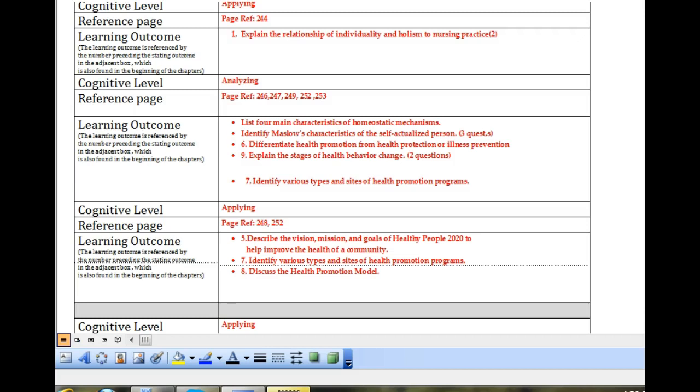I want to make sure you understood that I was trying to say self-hatred and disgust is the opposite of what one would expect in a self-esteem level. I was speaking on the learning outcome, identify Maslow's characteristics of self.